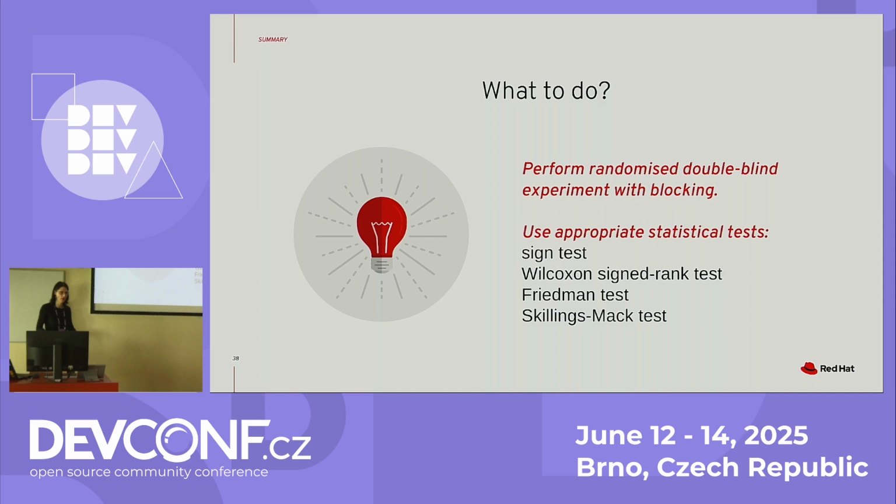And then use appropriate statistical tests. For that, I very much recommend using non-parametric ones: the sign test, Wilcoxon signed-rank test, Friedman test, scaling max test. The other benefit of using them is that they are usually much less computationally intensive than the ones that expect you to have normally distributed data.